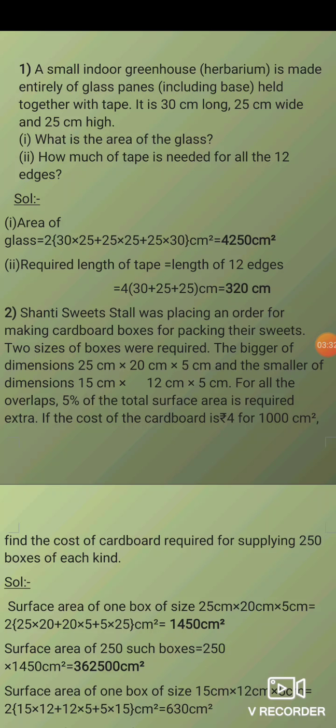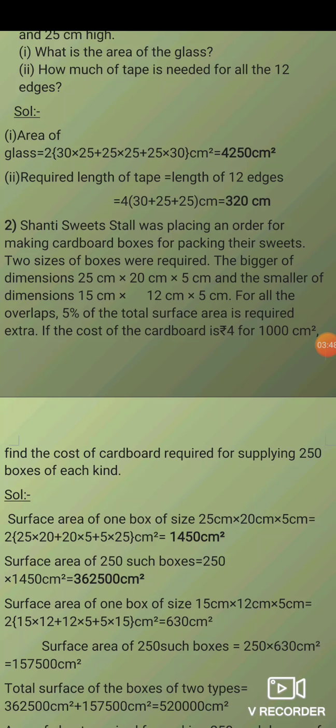Now listen carefully here. Bigger dimensions and also smaller dimensions are given. Okay, now first we need to find out the surface area of the box of the bigger size, that is 25 cm by 20 cm by 5 cm. Now what is the total surface area? 2 into (LB plus BH plus LH).